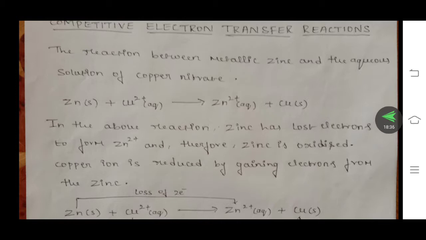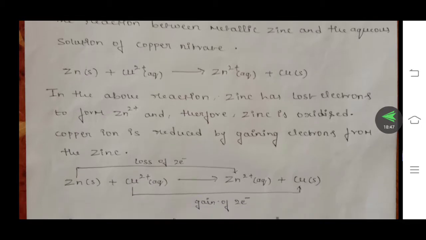In the above reaction, zinc has lost electrons to form Zn2+, and therefore zinc is oxidized. Zinc solid is converting into Zn2+ aqueous, so zinc is losing electrons. If any species is losing electrons, it is undergoing oxidation.